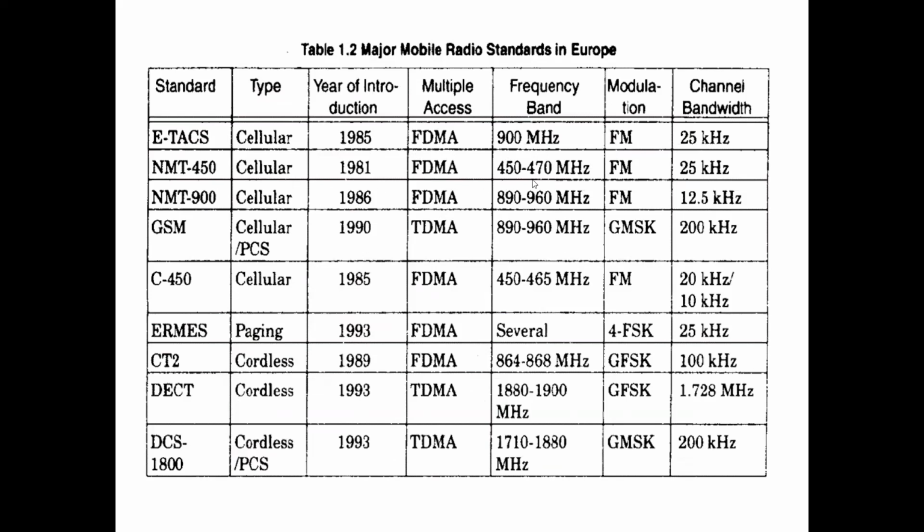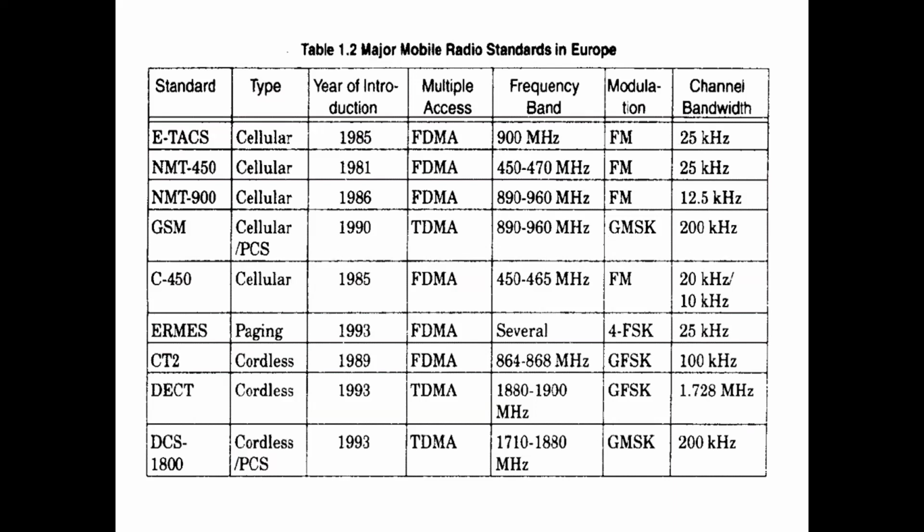Another system has another bandwidth, again with its own bandwidth. Then we have the GSM system, of course, which was developed by the Sony Ericsson company, 1990, TDMA, and this will be the bandwidth for the GSM. The kind of modulation is GMSK, Gaussian minimum shift keying. Bandwidth of each channel is 200 kilohertz.